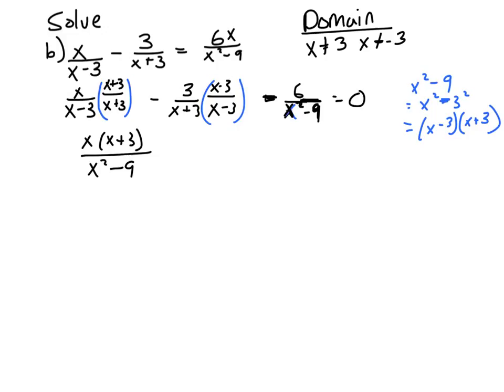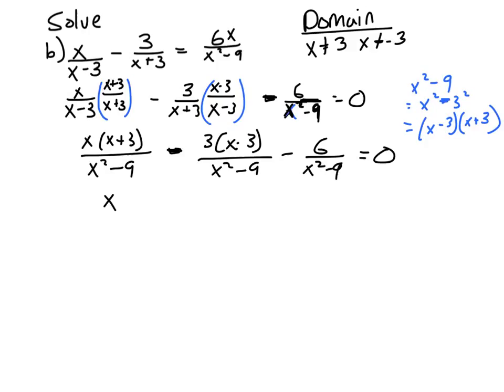So that minus 3 times x minus 3, all over x squared minus 9, minus 6x over x squared minus 9 equals 0. So now I can combine all the terms that are up top.